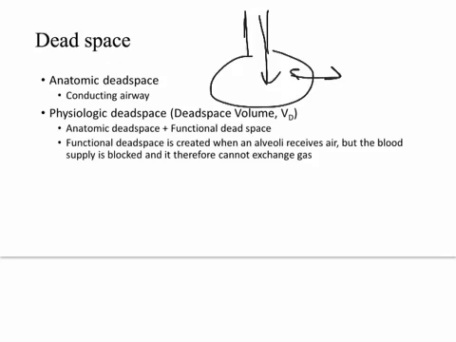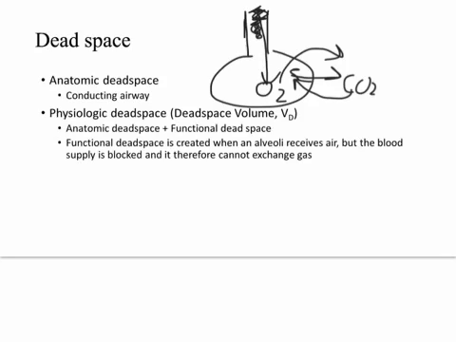So CO2 from the blood will go into the alveoli, O2 from the alveoli will go into the blood. But there is no gas exchange in the conducting airway. So if there's no gas exchange in the conducting airway, that's dead space. That's space that's being, we'll just say, wasted. It's not wasted per se, but we'll say that it's wasted as far as gas exchange goes.